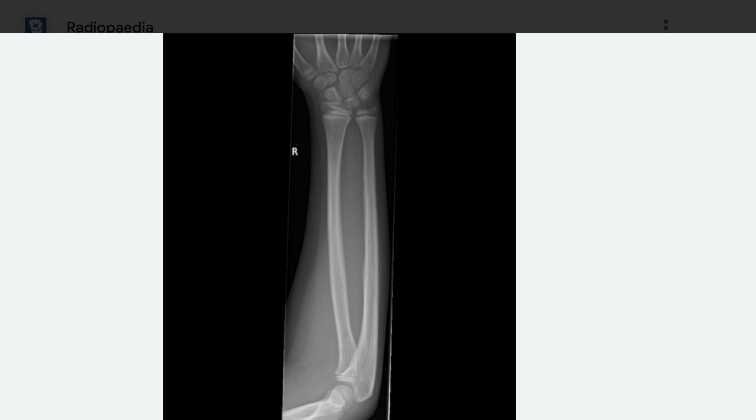What are the steps of X-ray reading? Place the radiograph in anatomical position first. Then description.